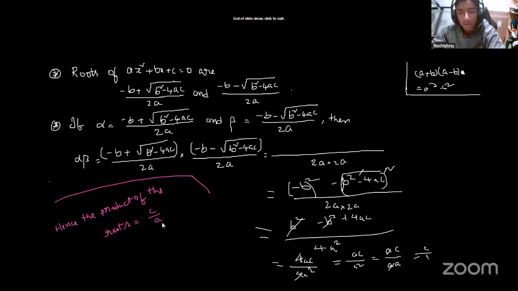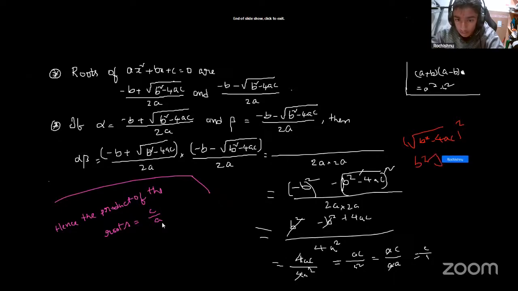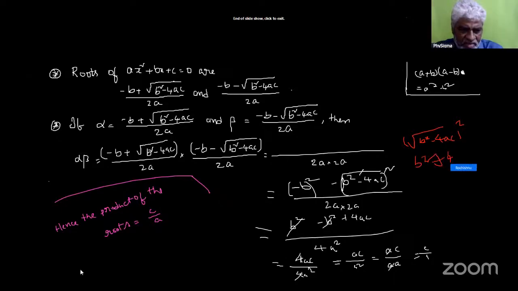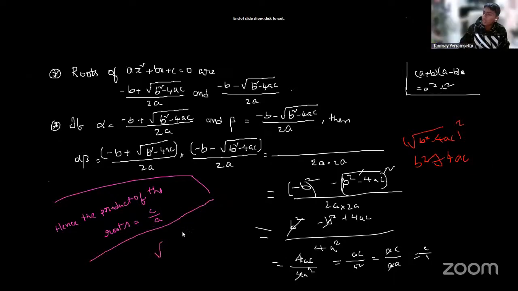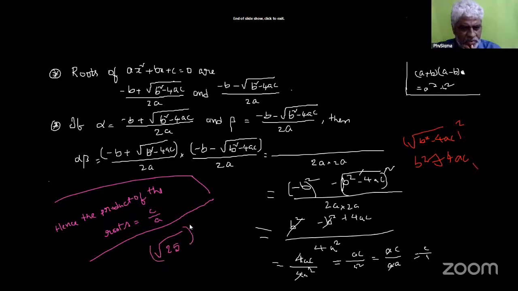Wait, sir, one question. From root b squared minus 4ac whole squared, how does this become b squared minus 4ac? Because it's a root and a square, you can just cancel out the root. What is root 25 whole square?